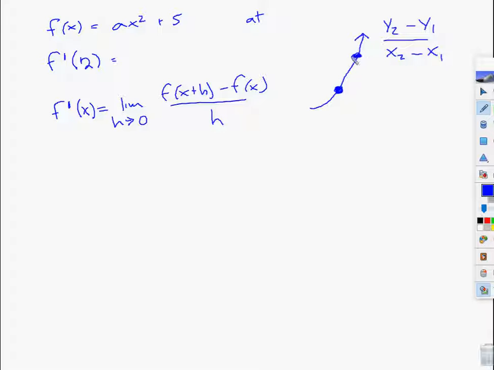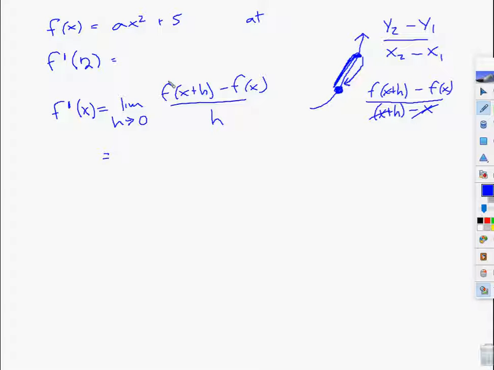So we take these 2 points, we connect them, we find the slope of the line connecting them, and what we do is we take this little point and we move it closer and closer and closer to the first one, until it's so close that it's on top of it. And the way we represent that, well, that would be x plus a little bit more, minus x, all over, or under, f of x plus h minus f of x. So f of x is representing y's. And what we see in this denominator, well, where the x's go, the x's are always going to end up canceling and leaving me with just an h.